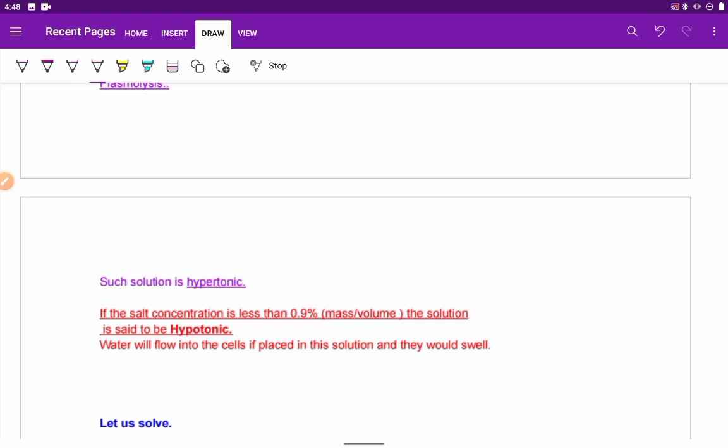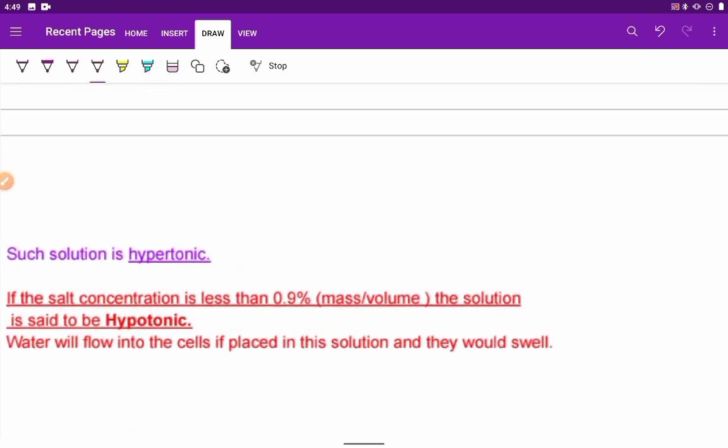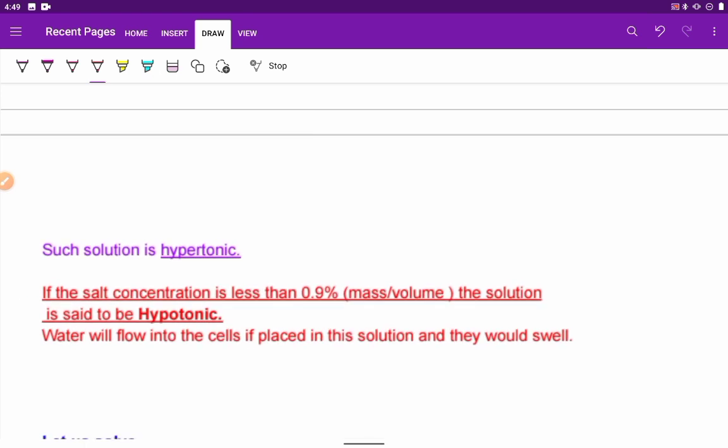But when the salt concentration is less than 0.9% mass by volume, the solution is called hypotonic. In this case, water will flow into the cells, and the cells will swell and become bigger in size.